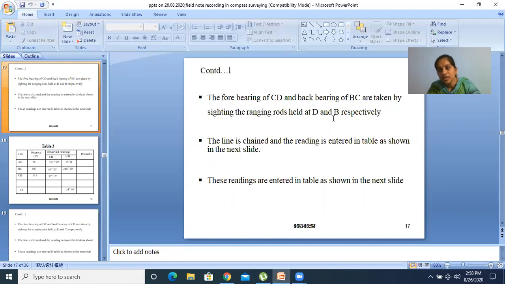By placing the ranging rod at D, we are taking the fore bearing of the CD line, and by placing the ranging rod at B, we are taking the back bearing of the BC line. So those values will be entered in the table, as shown in the next slide.